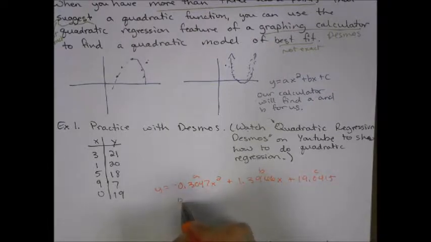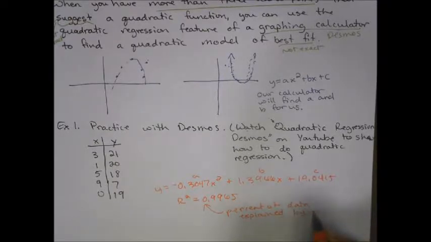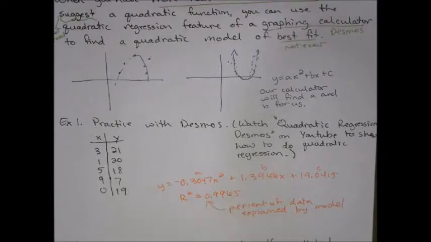And just to note, our R squared was 0.9965. And again, this was our percent of data explained by the model, and that is very high. So 99%, 99.7% of the data was explained by the model.